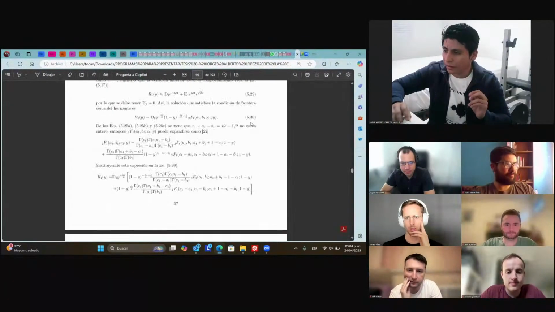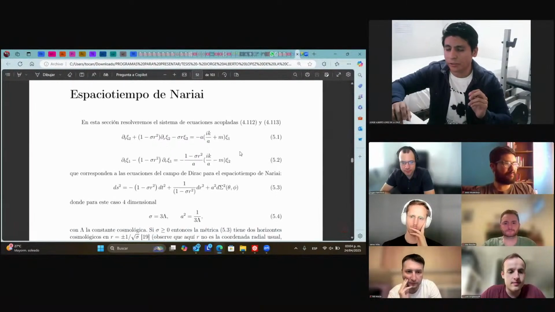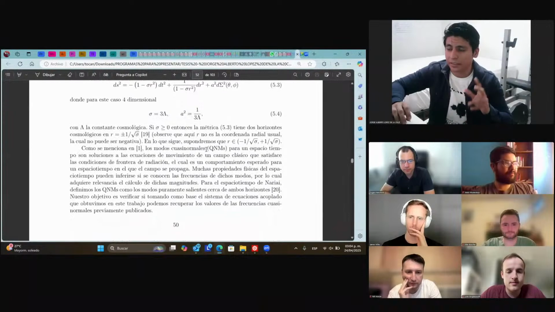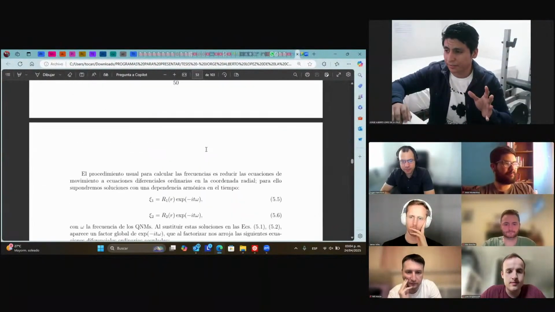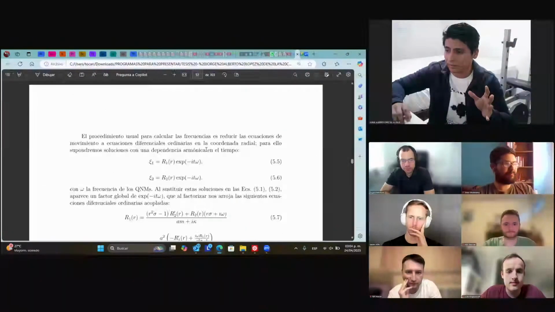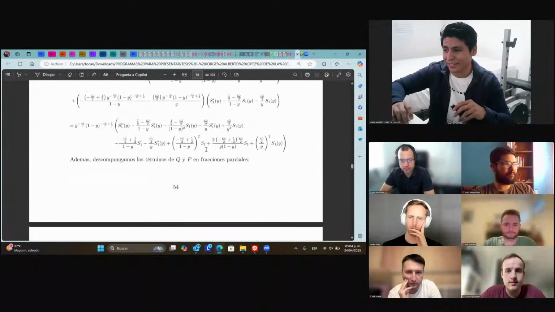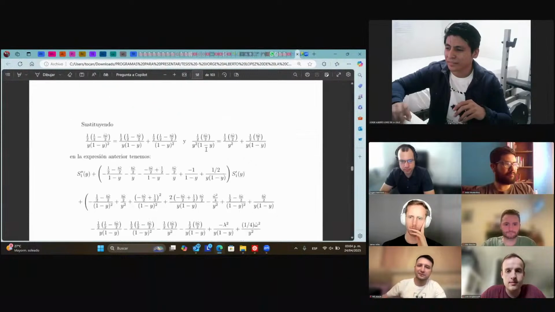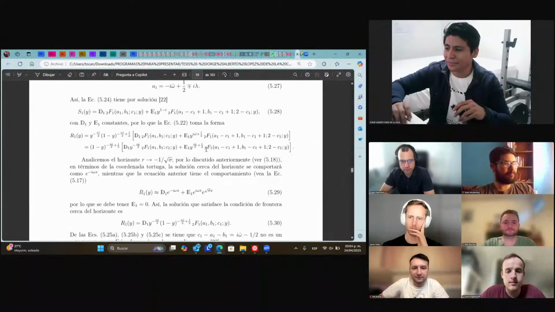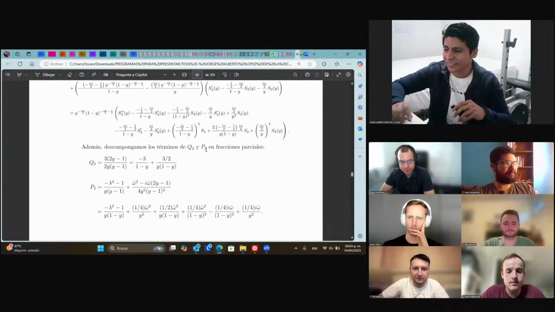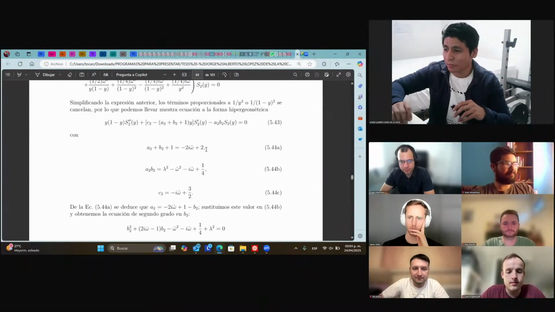Here are my two differential equations, and here is the way to solve them working by hand. There are so many tricks and so many calculations here, but finally, we get this answer.